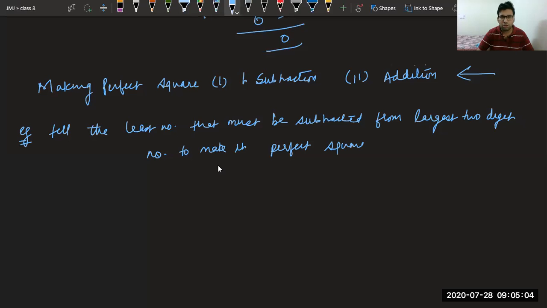All of you, you have to tell me the least number that must be subtracted from largest 2-digit number so that it becomes a perfect square.